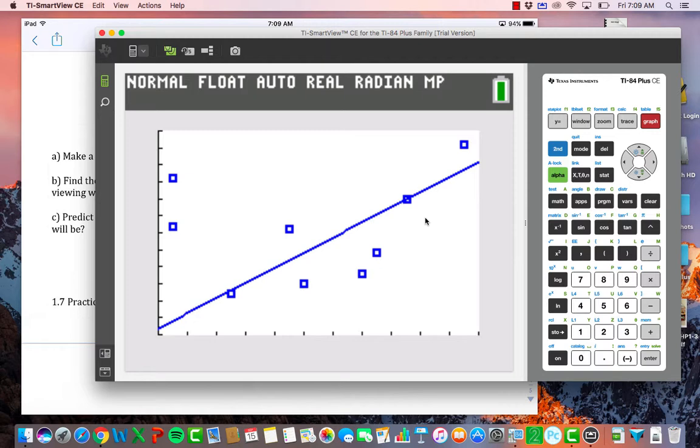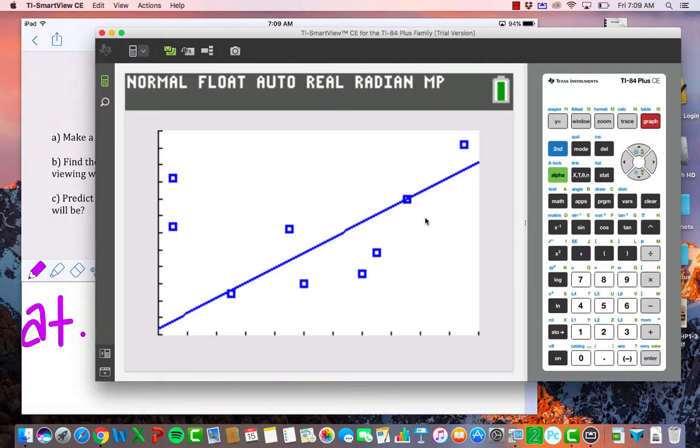Whoa. And I think it's kind of far away from the rest of the data. So I'm going to say it's a kind of accurate prediction. I would say the prediction is, and you can just use the correlation coefficient for this too, semi-accurate.